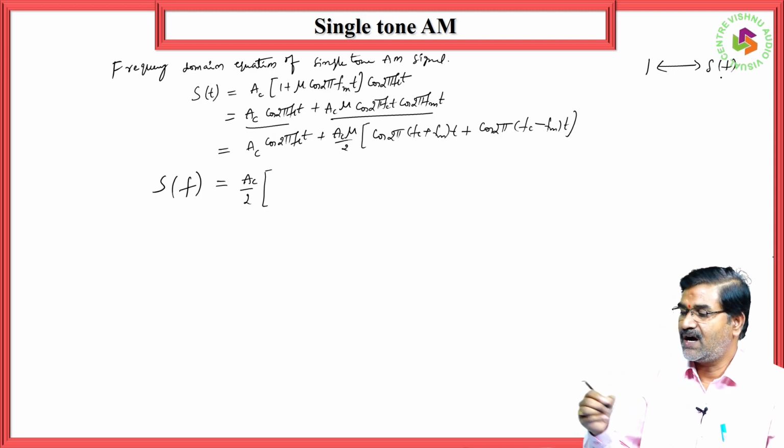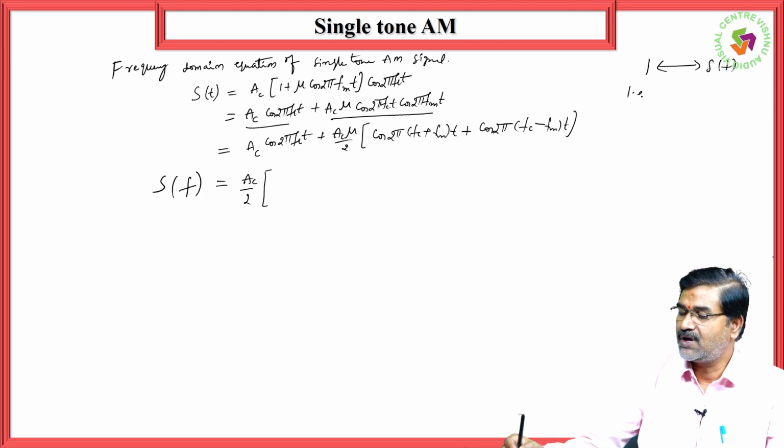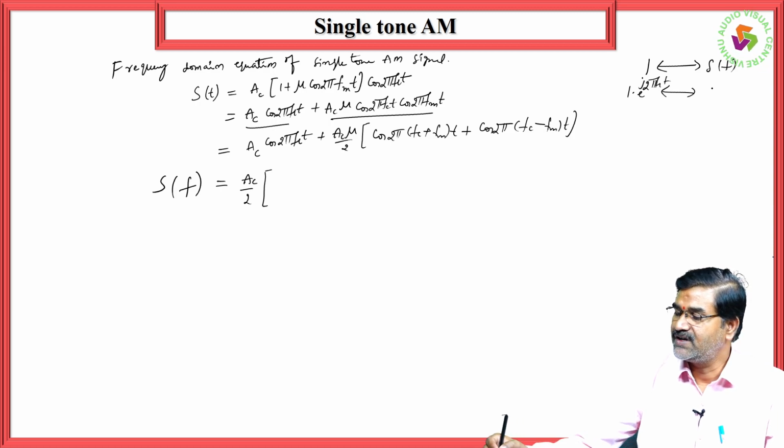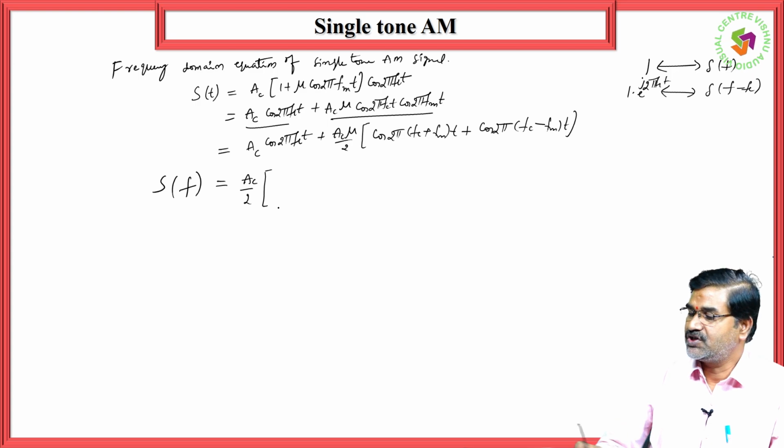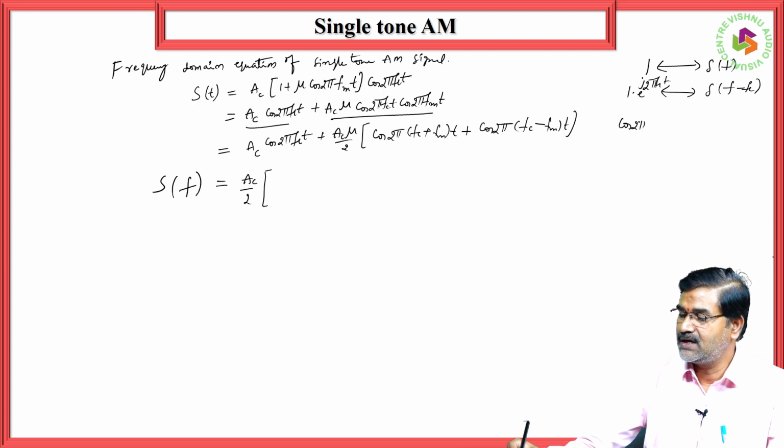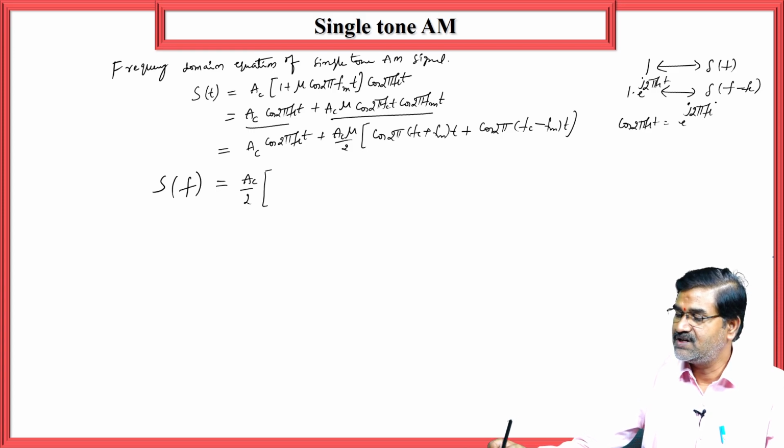Because of that, if 1 is multiplied by e power j 2 pi fc t, then in the frequency domain it will be shifted by that many units. So by using that frequency shifting property, I can write the cos function as cos 2 pi fc t is equal to (e power j 2 pi fc t plus e power minus j 2 pi fc t) divided by 2.